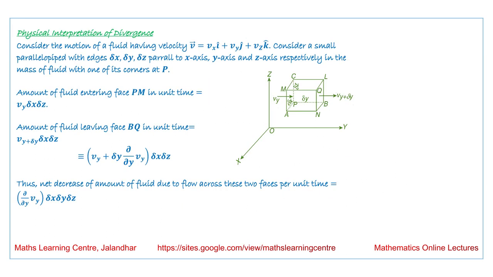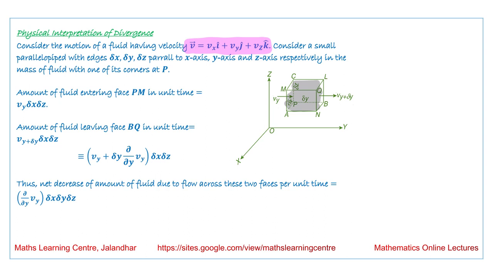Now, the next topic we have is the physical interpretation of divergence. Suppose we have a fluid moving with a velocity V vector, given by vx i cap plus vy j cap plus vz k cap. We consider a small element, a parallelopiped.